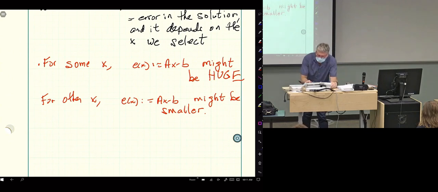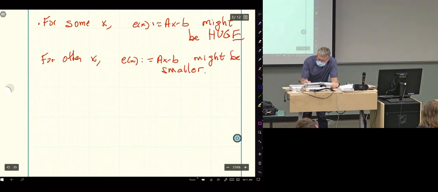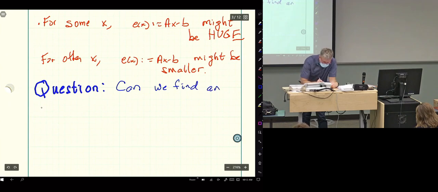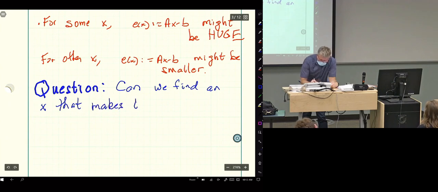So here's the big question, and this is a super cool question. Can we find an x that makes the norm of the error as small as possible?